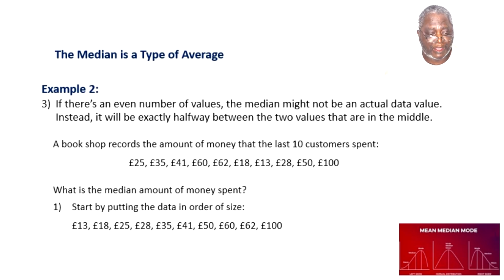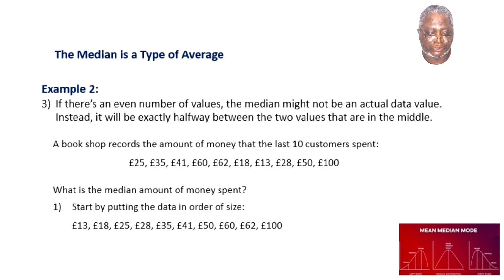For example, if you have a problem like this: the bookshop records the amount of money that the last 10 customers spend. £25, 35, 41, 60, 62, 18, 13, 28, 50 and £100. What is the median amount of money spent?